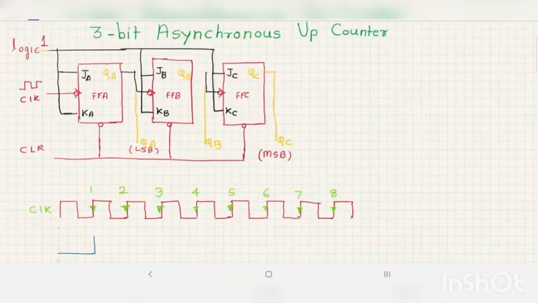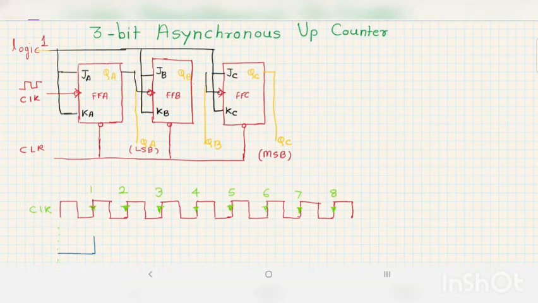Going to study 3-bit asynchronous up counter. In up counter, they count from 0, 1, 2, 3, that is count from small to big.